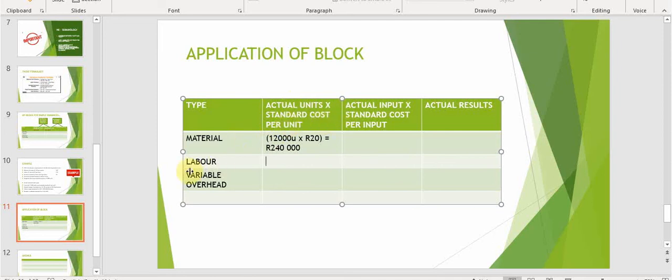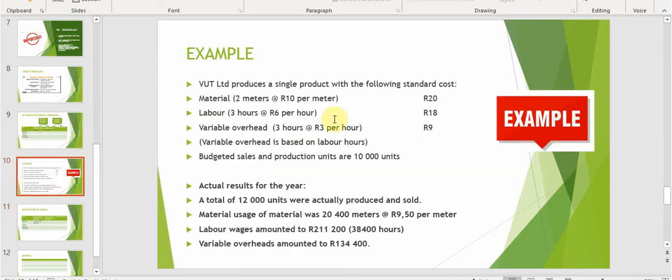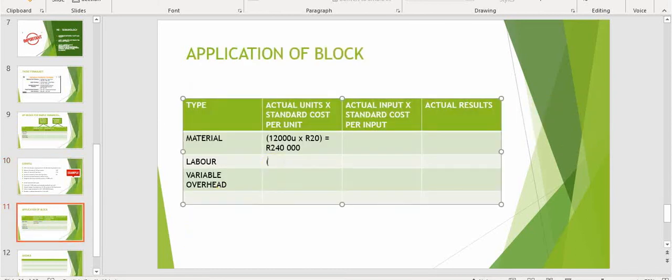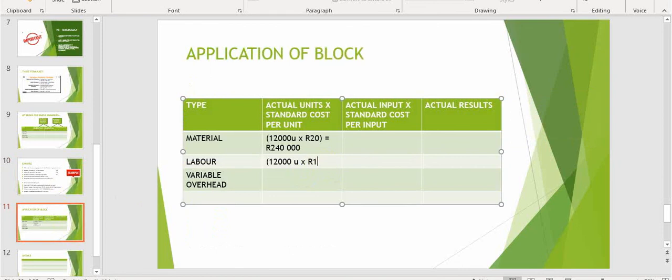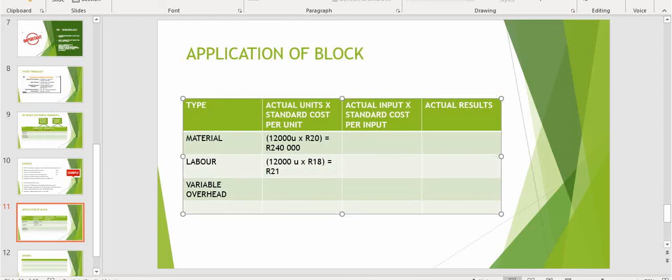If we move on to labor, in the second column, we still need the actual units times the standard cost per unit. So the standard cost per unit of labor was 18 Rand per unit. So it's going to be 12,000 actual units times 18 Rand. Yes, it's 18 Rand. And that gives me an answer of 216,000 Rand.